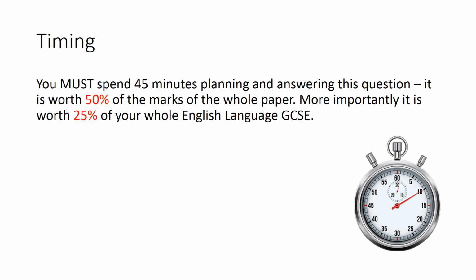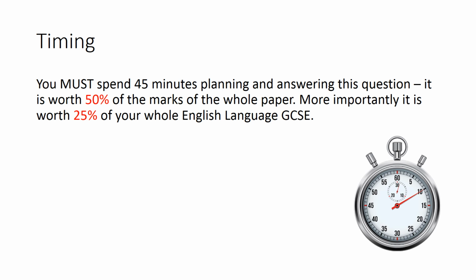But you must spend 45 minutes on it. And the reason I keep reiterating this is because Section A has a habit of sucking in students and keeping them writing and writing and writing. And when they get to Section B, they look at the clock and there's only 20 minutes left. That is awful. You've got to make sure you give yourself the exact time for this question, which is why lots of students do tend to do it first, because then they give themselves the right amount of time for it.